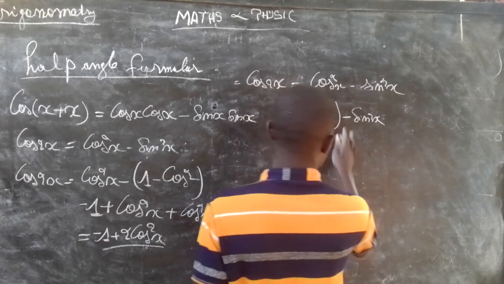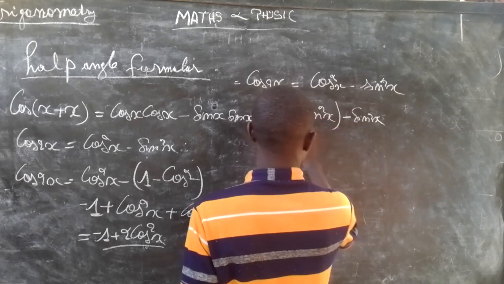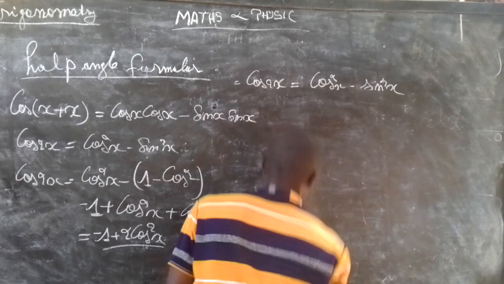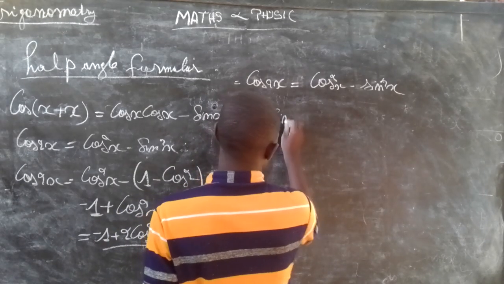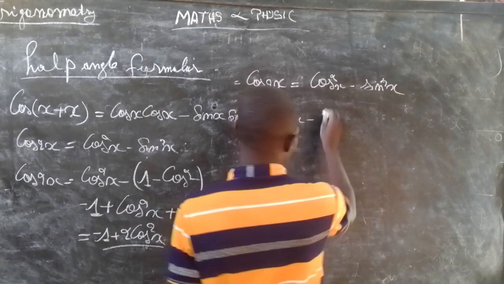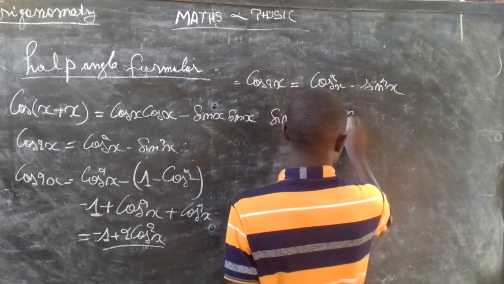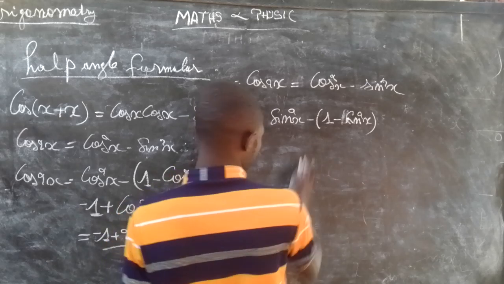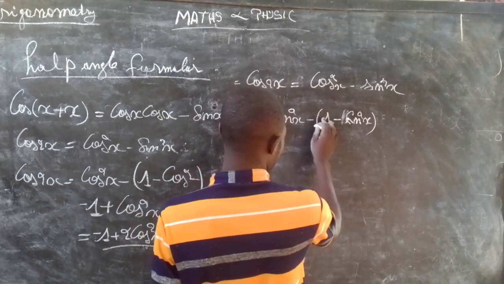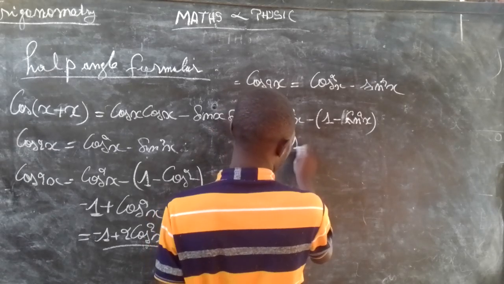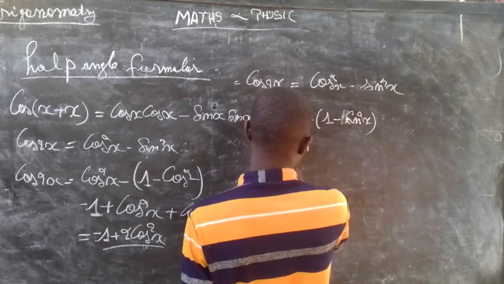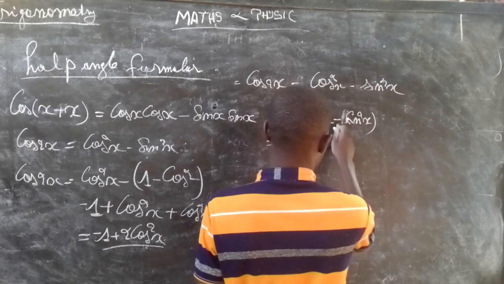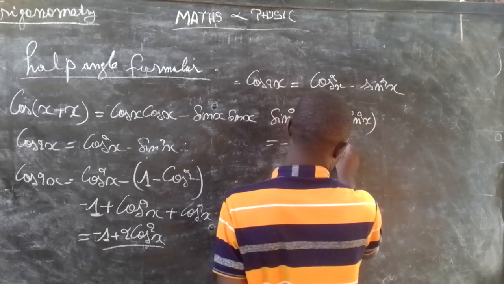If we multiply this, let's make it very clear, here we will have negative 1 positive, this is a sign, because negative multiplied by negative will be a positive, and this will be positive 2 sine square.